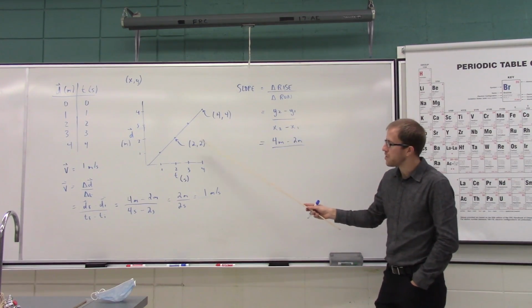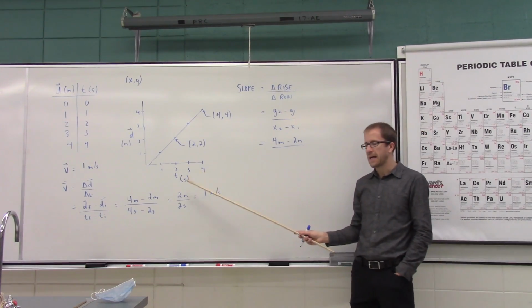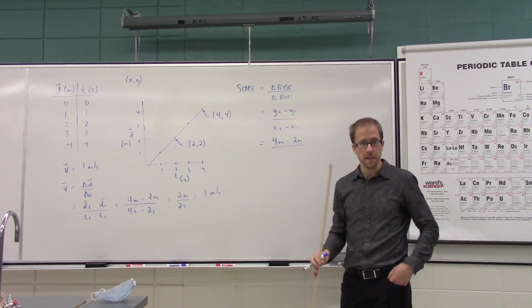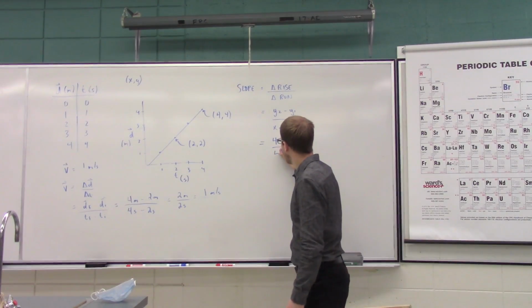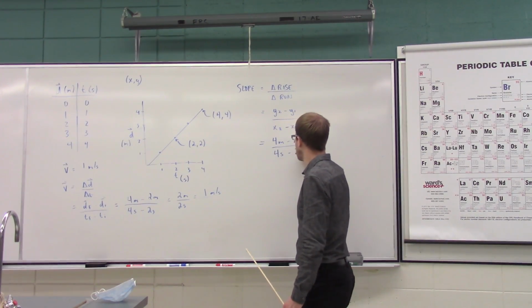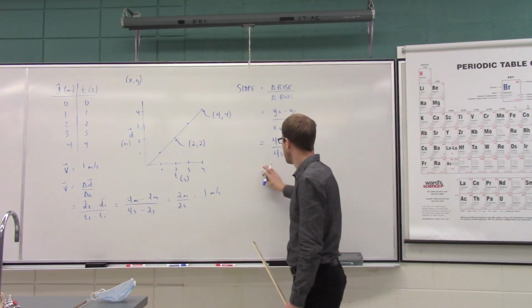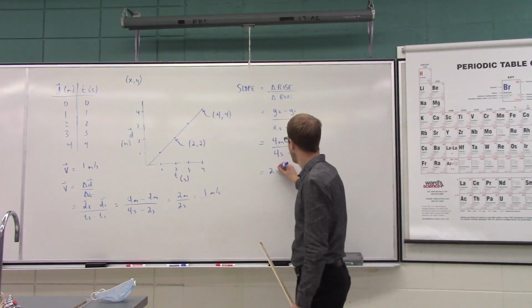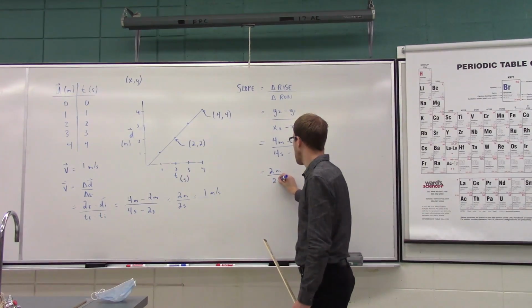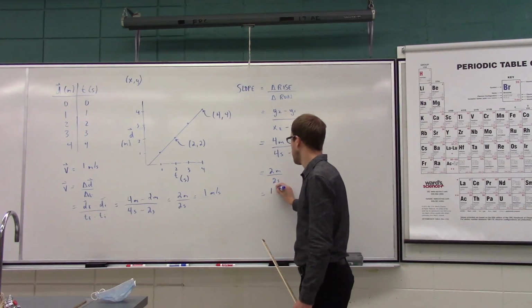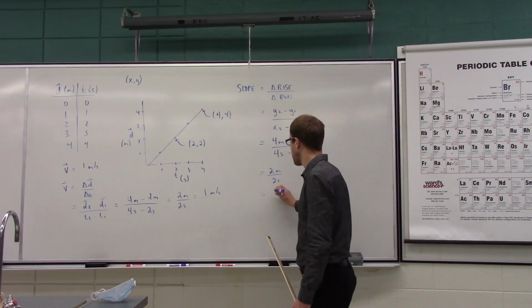We have 4 minus 2. And what is the unit on our x-axis? It is seconds. So we have 4 seconds minus 2 seconds. So again, this is going to be equal to 2 meters over 2 seconds. And we get an answer of 1 meter per second.